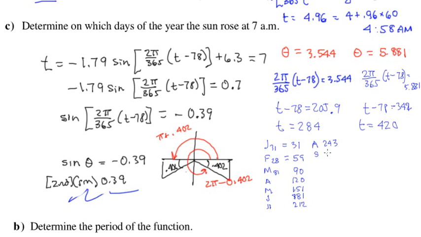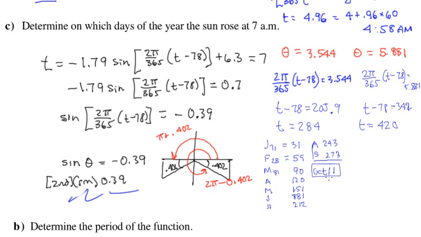September has 30 days, which brings us to 273. And we're not going to make it to the end of October, so let's stop and think here. At the end of September, we're at 273 days. 11 more days will get us to 284, so I'm going to say that this happens on October 11th.